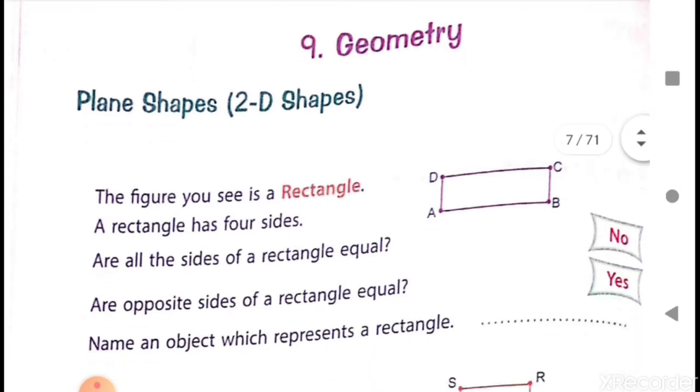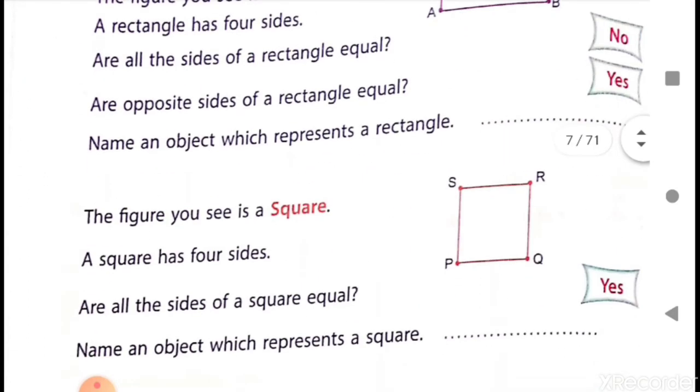Like in this rectangle, you will see that it has two opposite sides equal. So you can see that it has length and breadth only. In a square also, you will see that it has length and breadth.